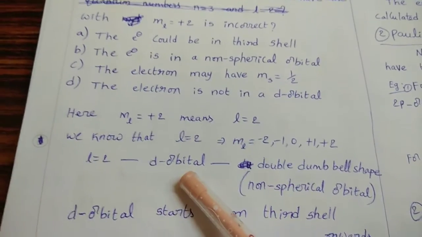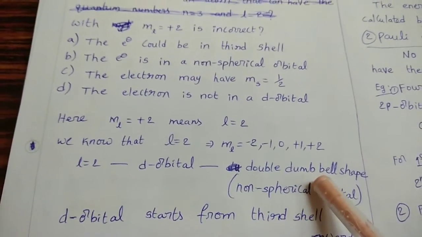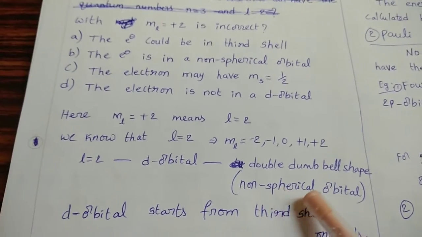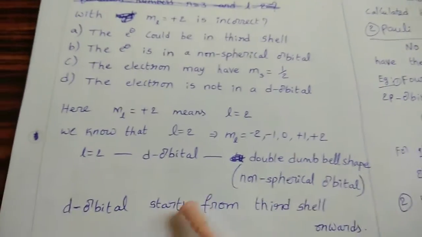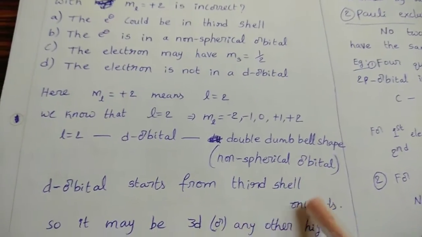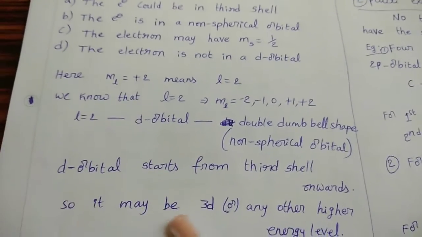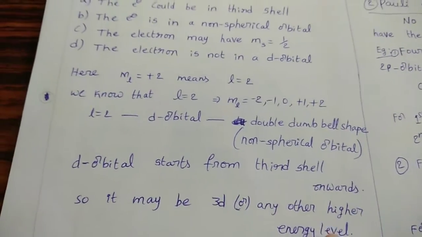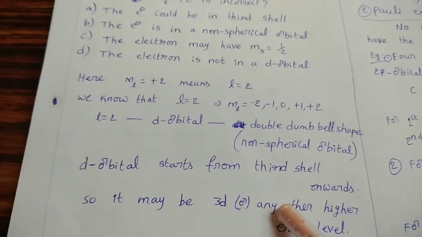The d orbital shape is double dumbbell shape. That means it is a non-spherical orbital. And d orbital starts from the third shell onwards. So it may be 3d or any other higher energy level: 3d, 4d, 5d, 6d.